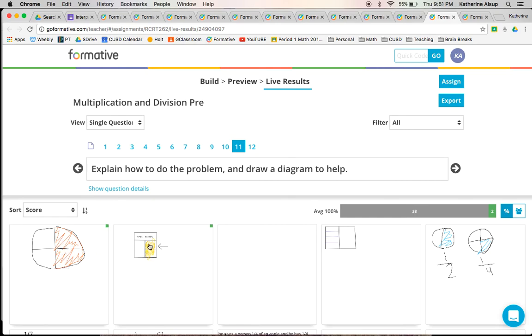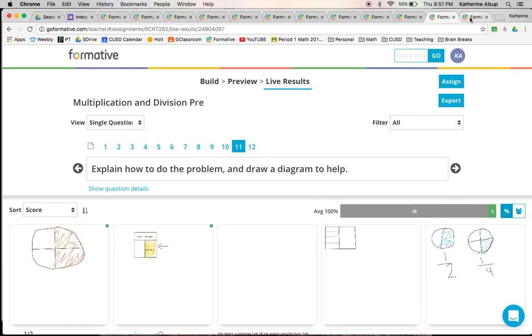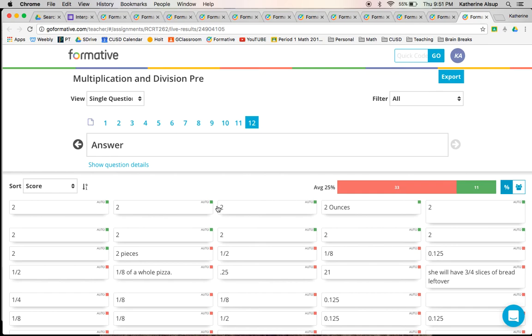There's 2 pieces. In someone's problem, they talked about half of a piece of paper. So imagine this is actually this one right here. Imagine this is your paper, and you have half of it, and you're splitting it into 4ths. Now you have 2 pieces. All right, and last but not least, the answer is 2.